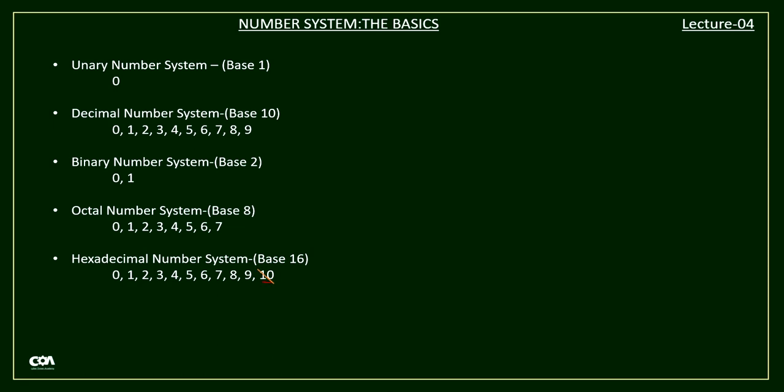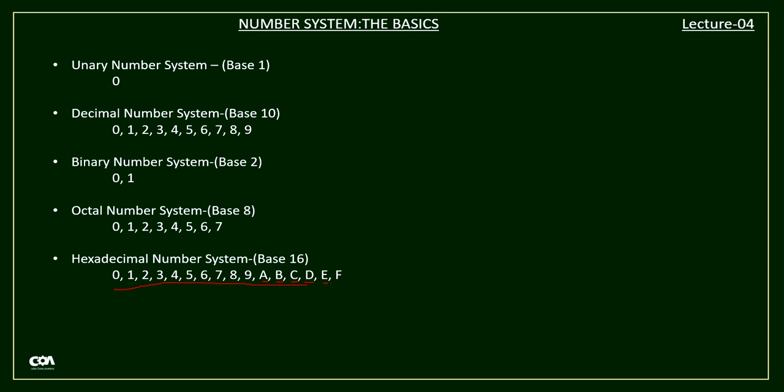Also, there is a convention that we can't write a single digit with a group of symbols, because in 10 we use two different symbols, 1 and 0. So a single symbol is used to represent 10, which is A. Also, B is for 11, C for 12, D for 13, E for 14 and F for 15. So in the hexadecimal number system, 0 to F represent the whole numbers.